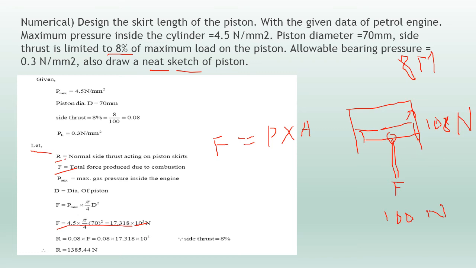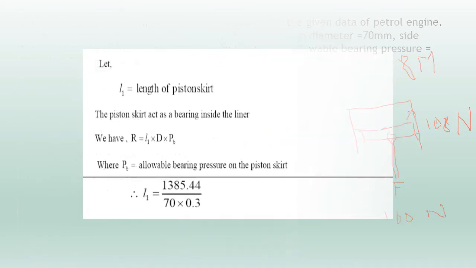Now what we have to find out is the total length of that skirt. So let L1 be the length of the piston skirt. Try to recall the previous lectures, we already looked into these empirical relations. The piston skirt acts as a bearing inside the liner.